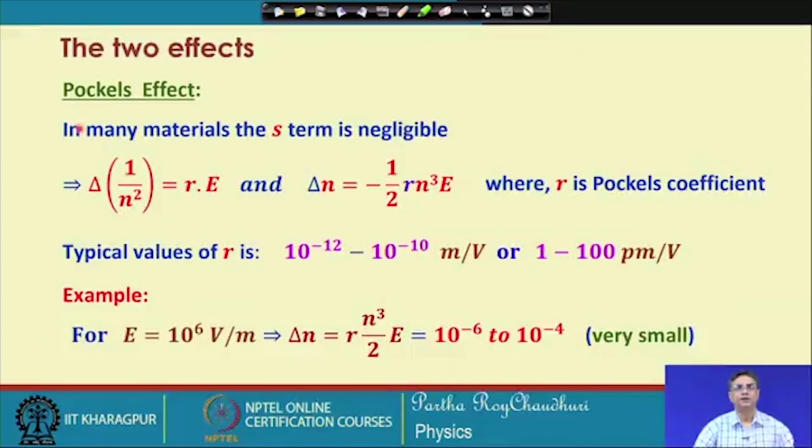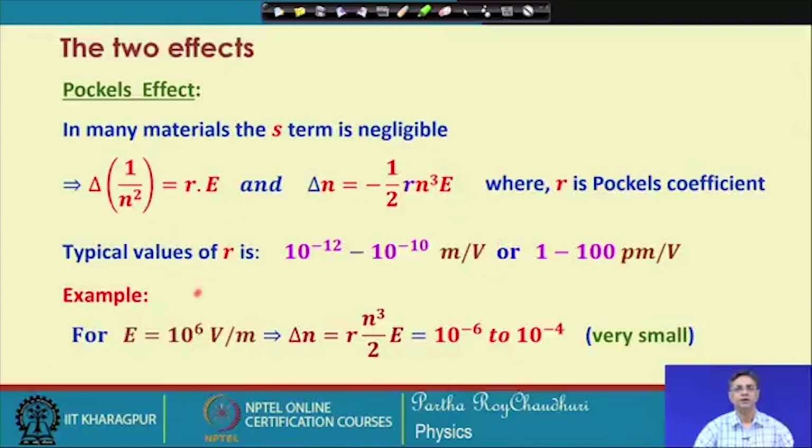So, the Pockels effect: in many materials this s term is negligible, that is the Kerr effect is negligible, but this r term is quite prominent. In that case this r is the Pockels coefficient. Typical values of r are in the range of 10 power minus 12 to 10 power minus 10, or 1 to 100 picometer per volt.